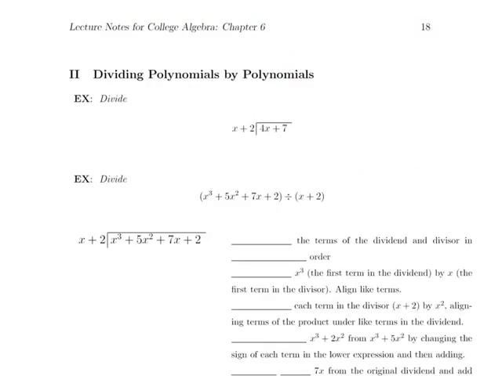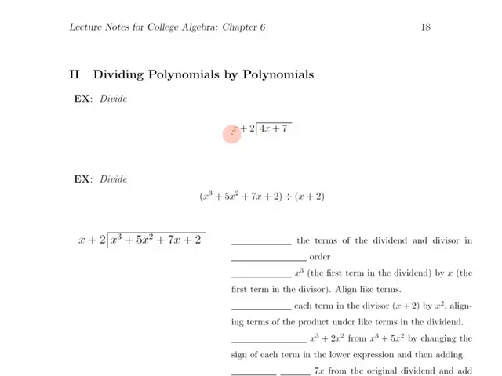Let me start by doing a quick example, and then we'll write out step by step what we're doing throughout this process. Now, in order to divide, in this case, 4x plus 7 by x plus 2, I'm going to start by putting the dividend underneath the long division symbol, the dividend being that first number in a division problem. The divisor is going to sit on the outside, the thing that I am dividing by.